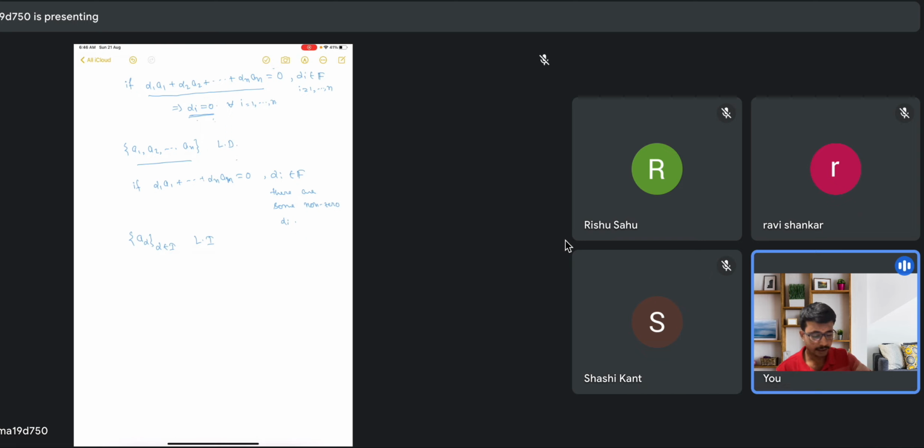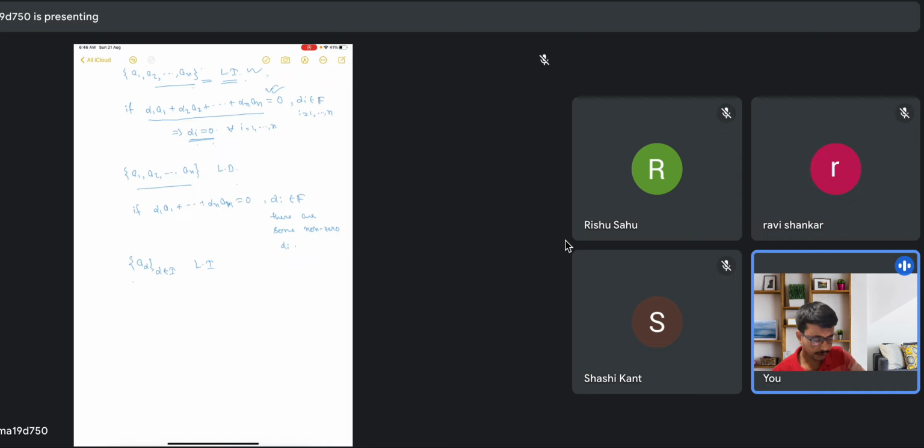Right now we are talking about the infinite case. This is your collection of infinite elements. So when will we say that this is a linearly independent set? Yeah, please tell me.